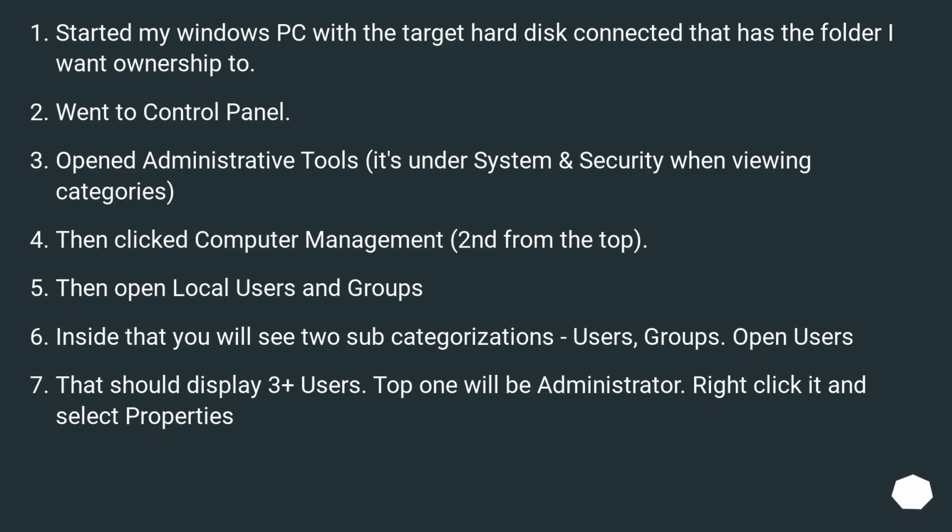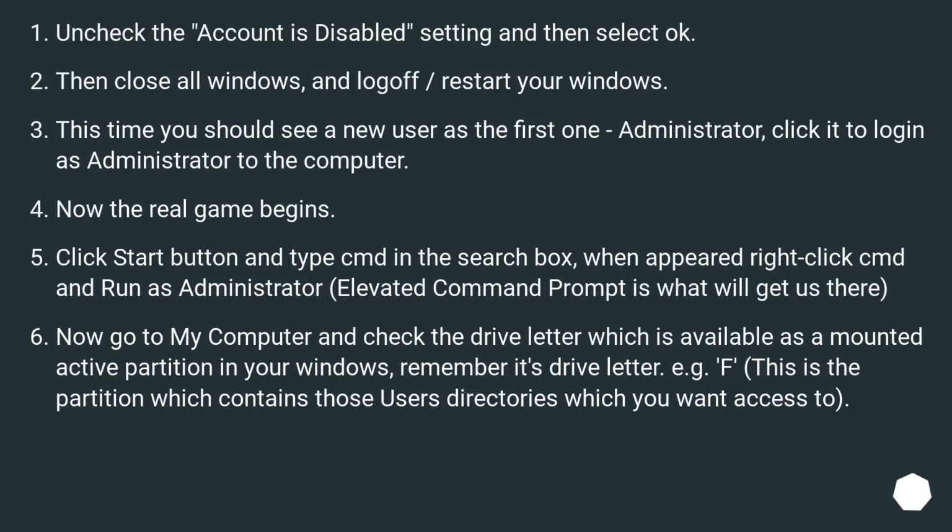Inside that you will see two subcategories, Users and Groups. Open Users. That should display 3+ users. Top one will be Administrator. Right-click it and select Properties. Uncheck the account is disabled setting and then select OK.